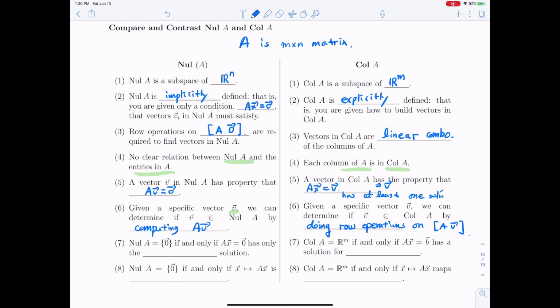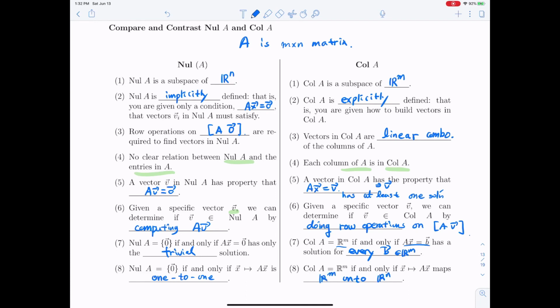The null space consists of the 0 vector if and only if Ax equals 0 has only the trivial solution. And the column space is everything if and only if the matrix equation has a solution for every b in Rm. And lastly, the null space is trivial if and only if the map defined by A is one-to-one. The column space is everything if and only if the map is onto.